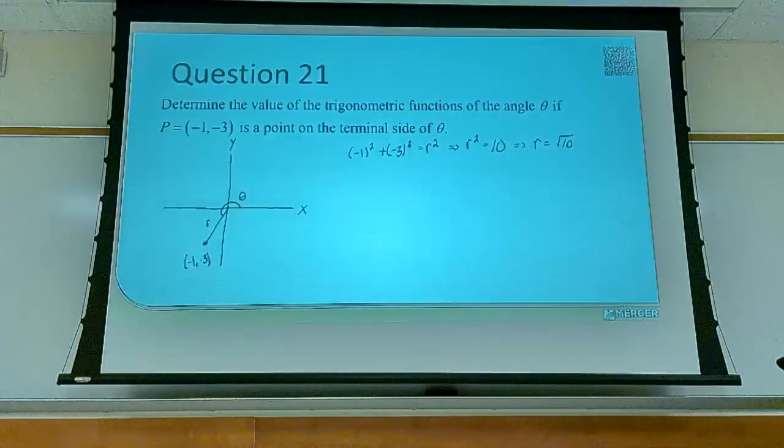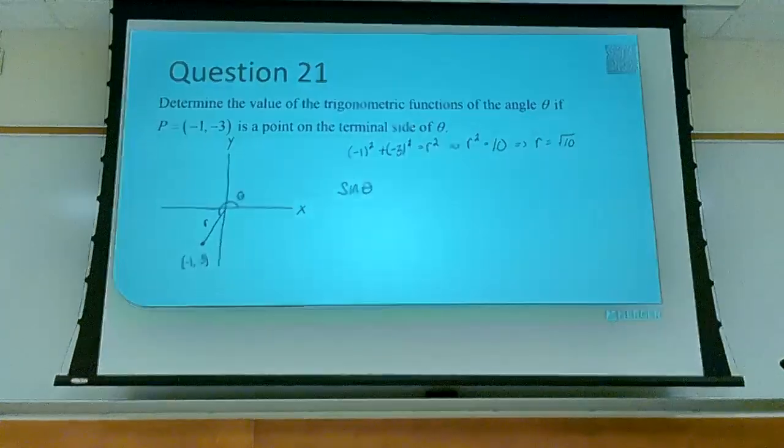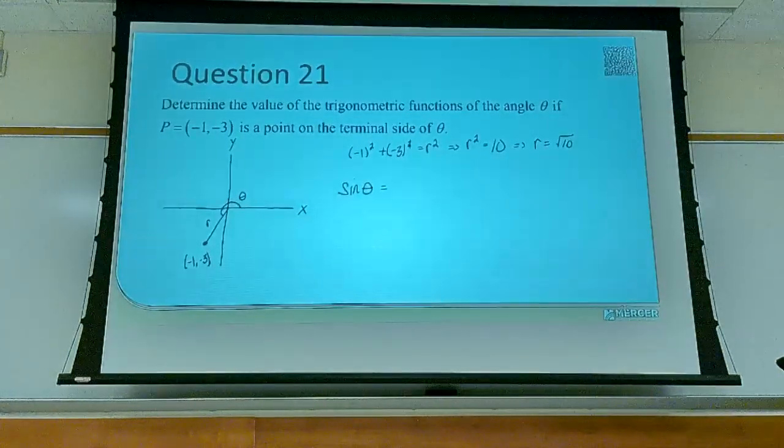R is root 10. What is sine of theta? Negative 4 over square root of 10. What is cosine of theta? Negative square root of 10 over 10.